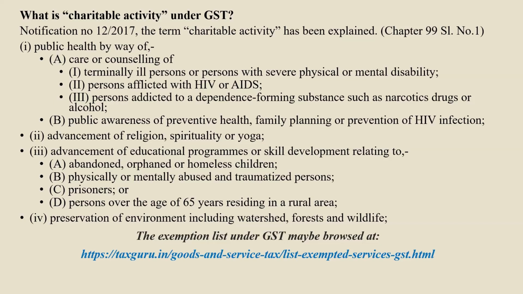So if you're doing as an organization anything for forests, anything for environment, and there are services that you are rendering, then definitely you are exempted because you are a 12A entity registered under 12AB and also falling under the mega exemption notification of 12 2017. Now this is what decides the applicability or the coverage of an NGO in the definition of GST.